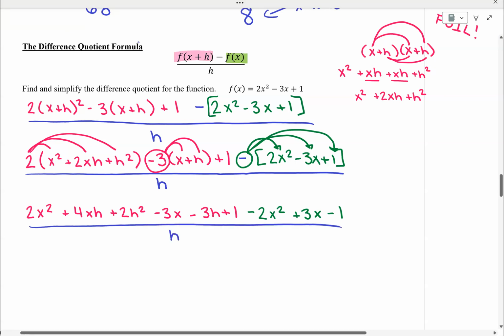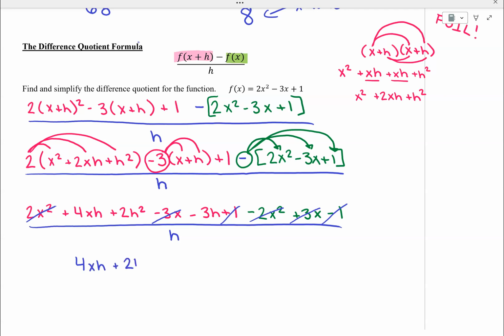So let's look and see what we got. 2x squared minus 2x squared cancel. Negative 3x and 3x cancels. 1 minus 1 cancels. So it looks like we have 4xh plus 2h squared minus 3h all over h.